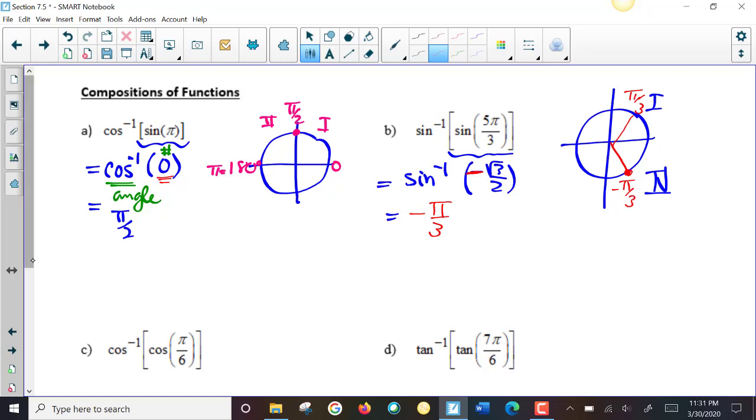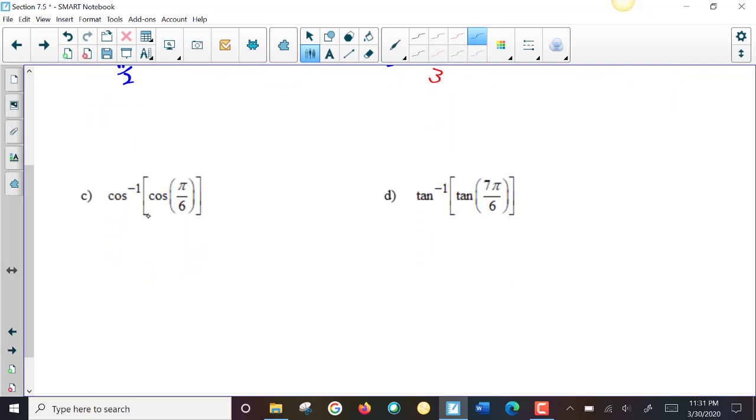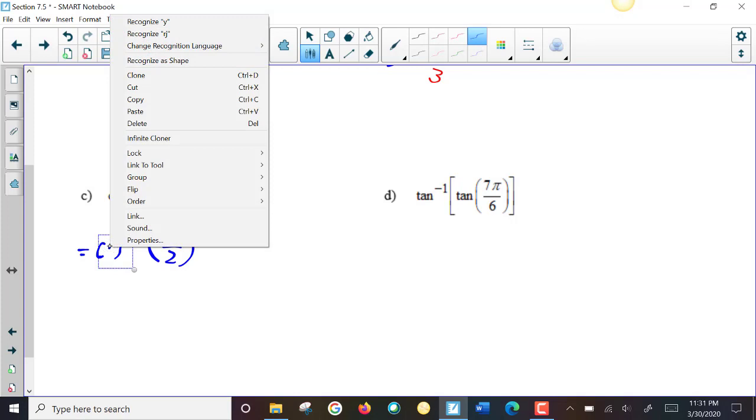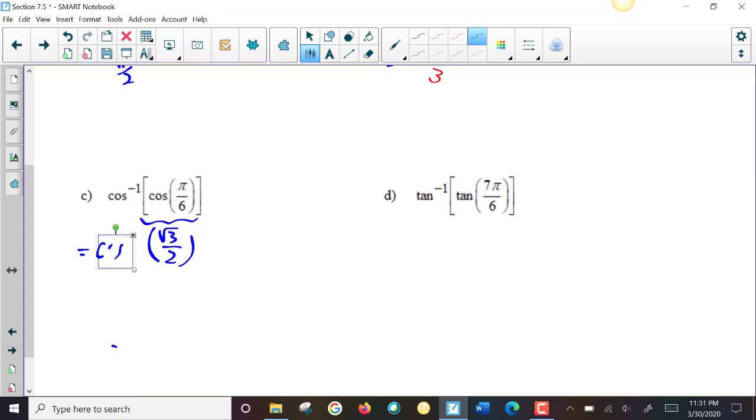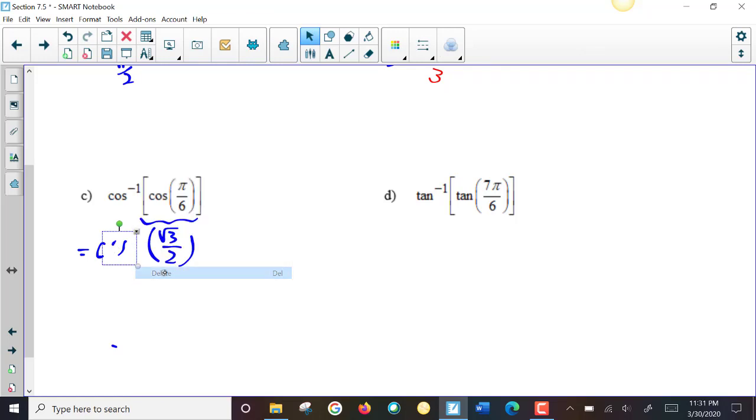All right. We're on a roll now. Here we go. Another one. Inside, what's the cosine of pi over 6? Cosine of pi over 6 is square root of 3 over 2. And then we're saying, what's the inverse cosine of square root of 3 over 2?